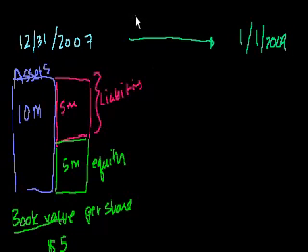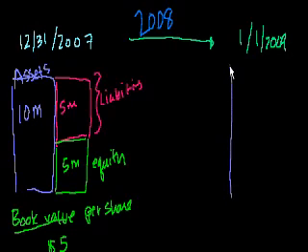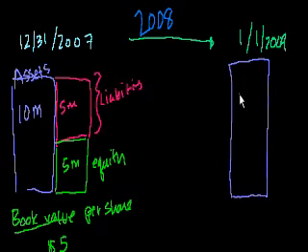Let me draw 2008. 2008 happens, at the end of which our assets would have grown a little bit. Our assets are now at $10,350,000. So I'll put this in thousands, right? This is 10,350,000, the same thing as 10.35 million.